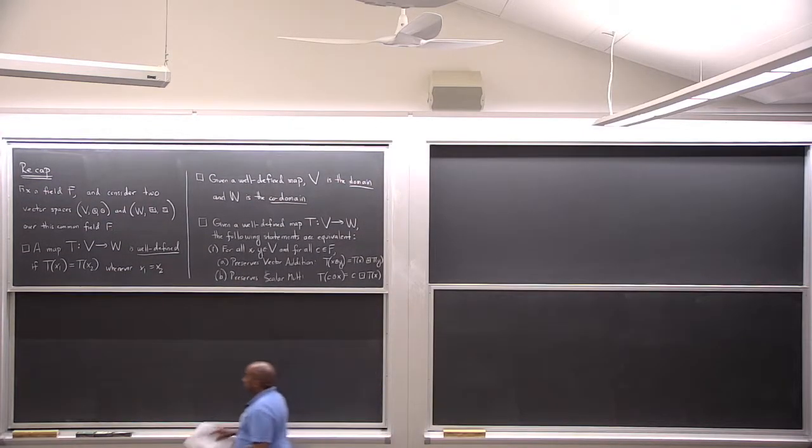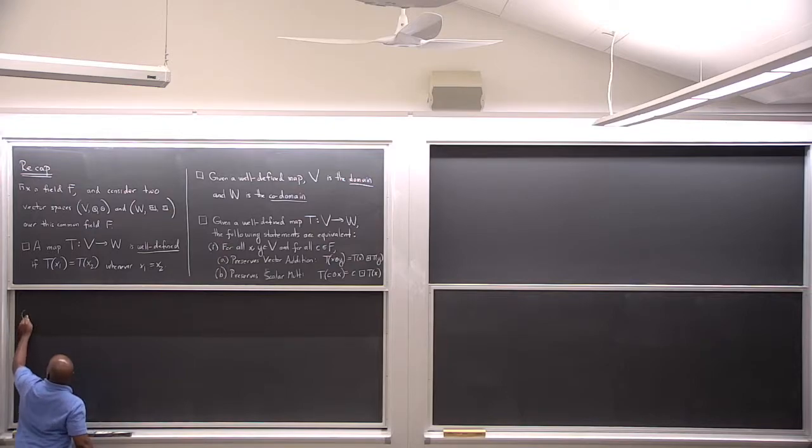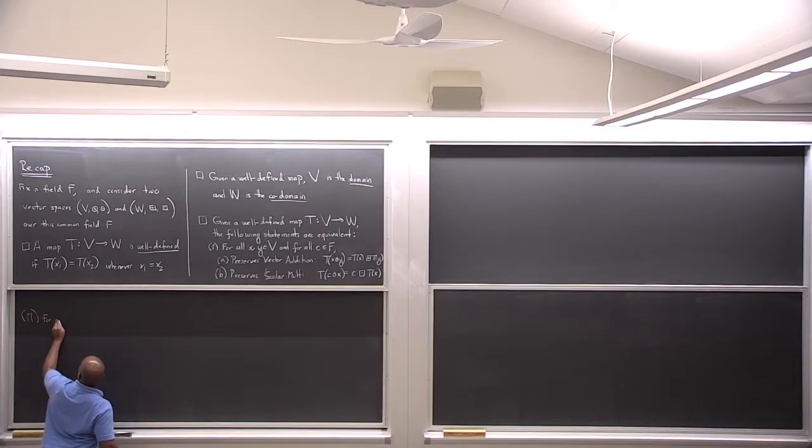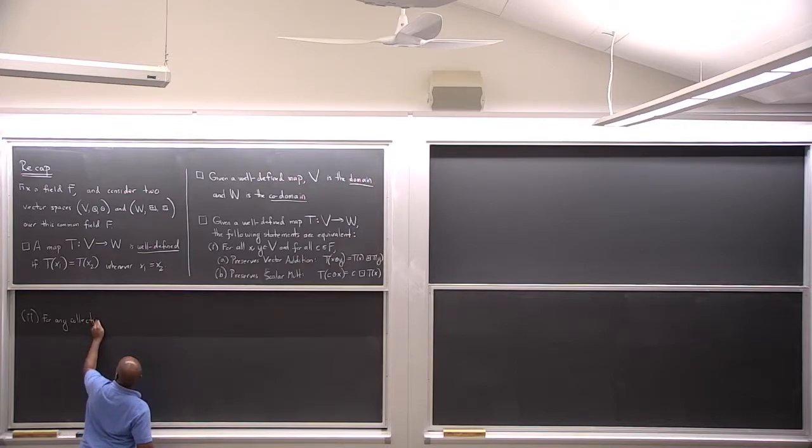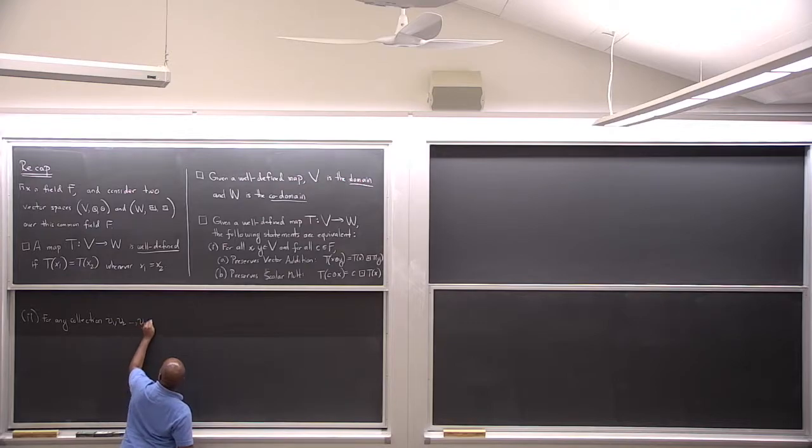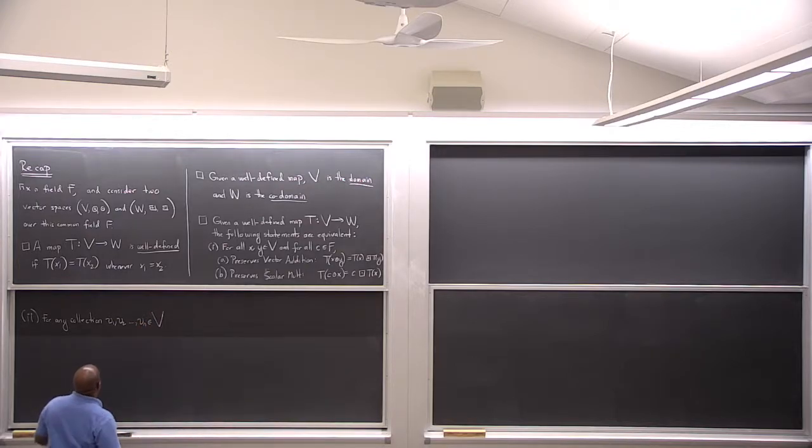Well, that's equivalent to saying that for any collection of vectors, let's perhaps call these v1 through vn, and scalars, then we have the following.